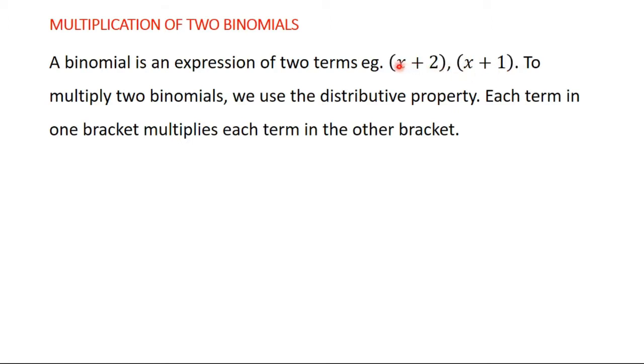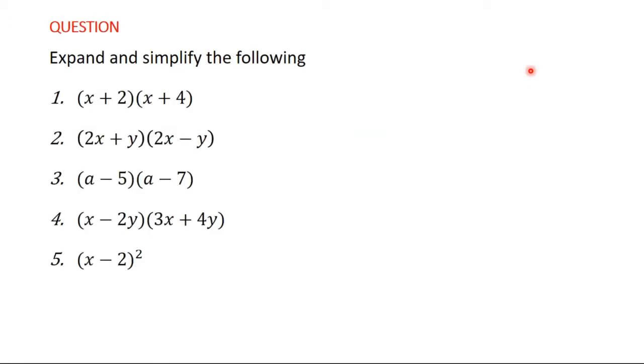We use the first term in the first bracket to multiply everything in the second bracket. Then use the second term in the first bracket to multiply everything in the second bracket. So use the first term, in this case x, to multiply everything in the second bracket. Then use the second term here, in this case 2, to multiply everything in the second bracket. We are going to take examples to see how to do that.